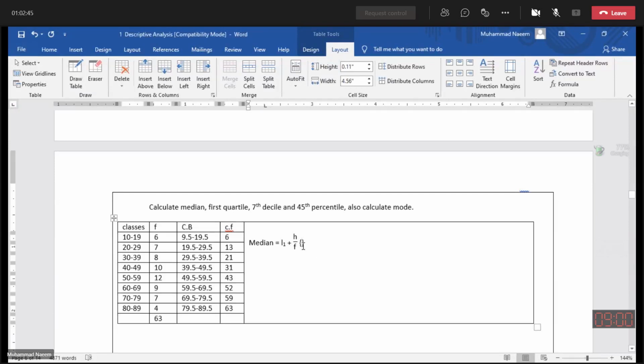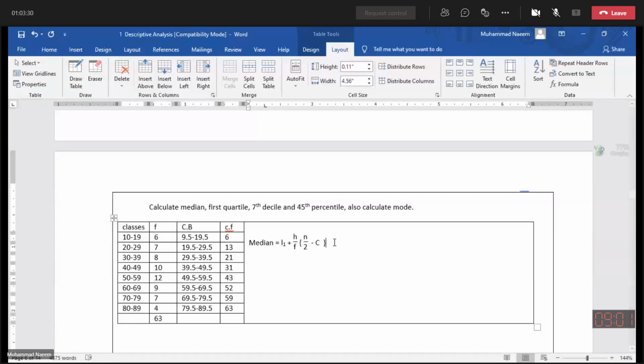N by 2, here we have n by 2 minus C. This will be the formula for median.